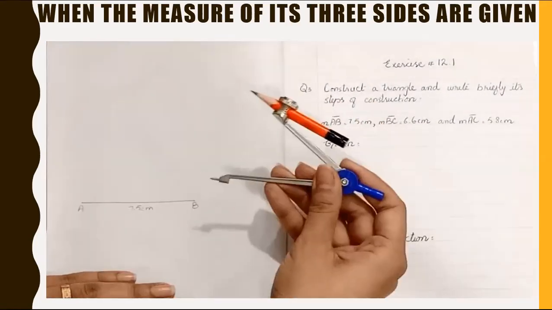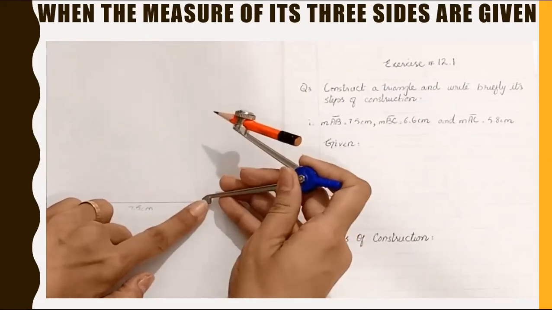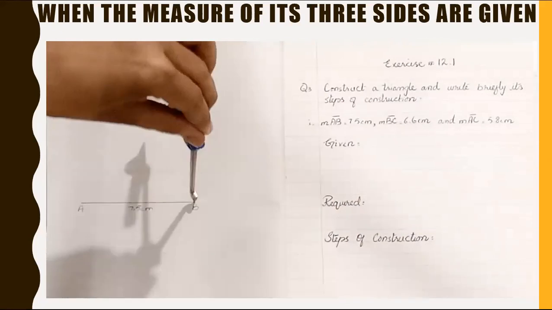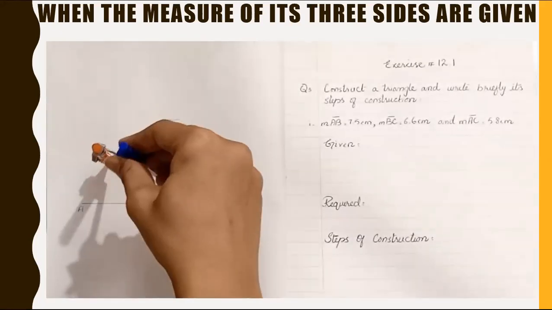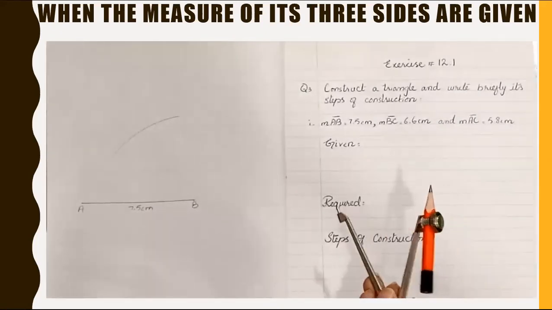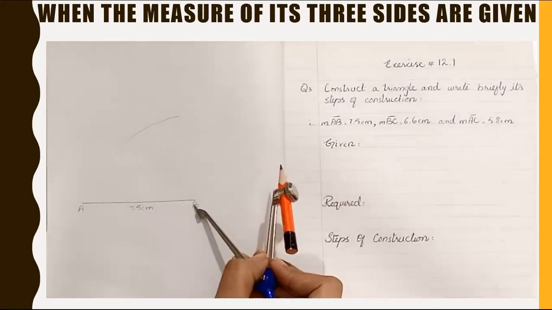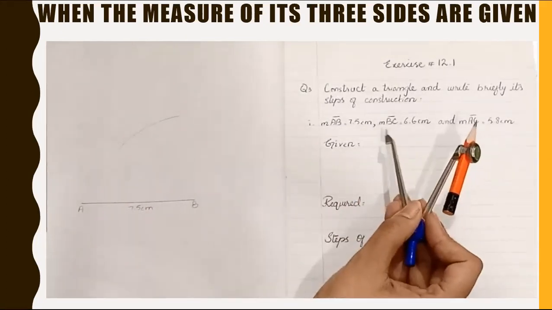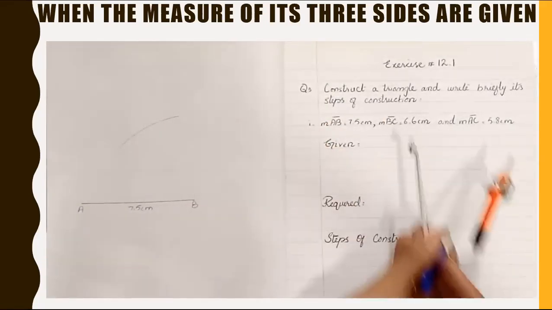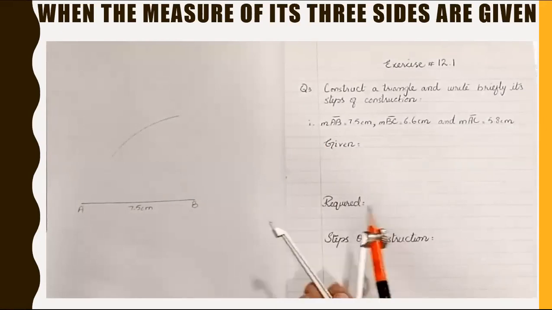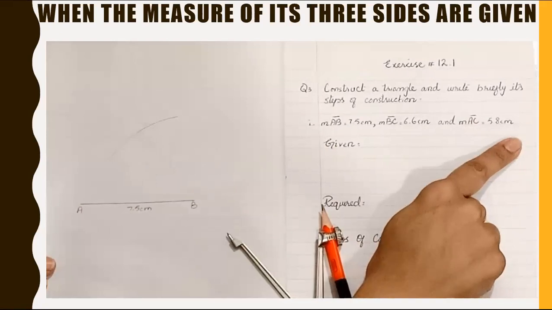Now, where do I have to put the compass, on A or B? Yes, on B, because I have to make line segment BC. So we take B as center with radius 6.6 centimeter and draw an arc with the help of the compass. So I have drawn an arc.